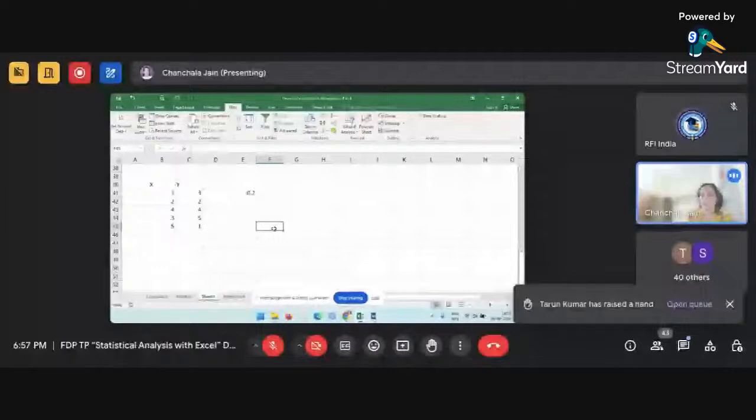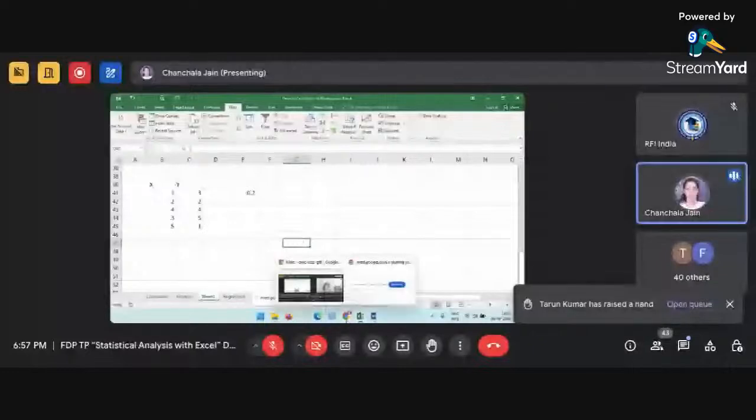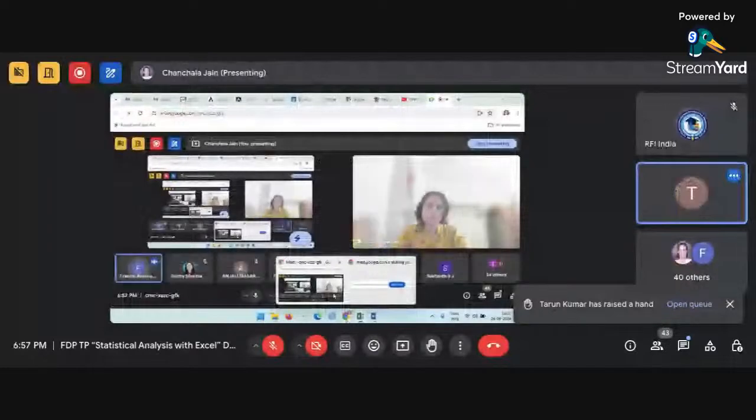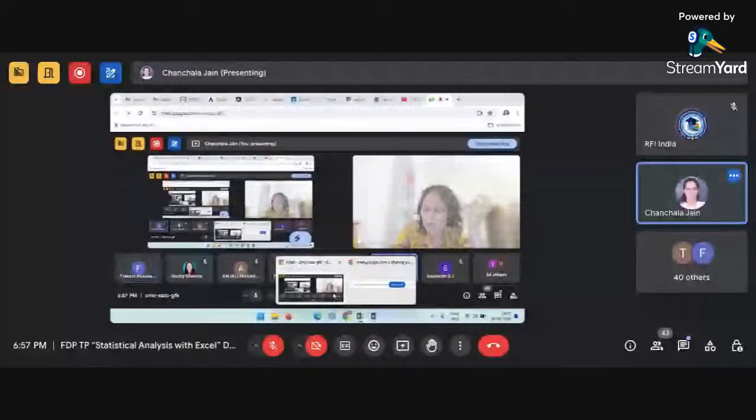Suppose two judges of a beauty contest are sitting and giving ranks to the participants, so we have the ranks of two judges, and you want to see how much closeness there is in their thinking process for judging the beauty of the participants. That way you can apply Spearman's rank when you have the rank data available with you.